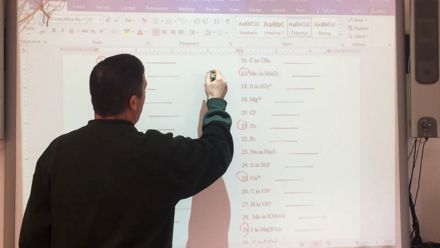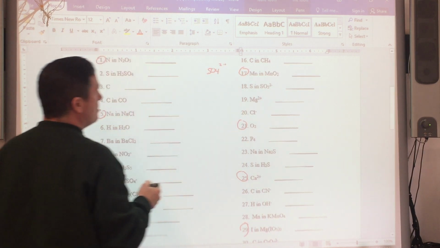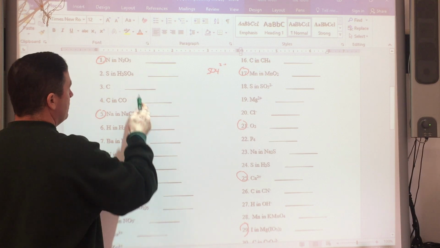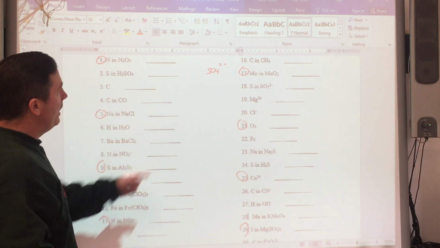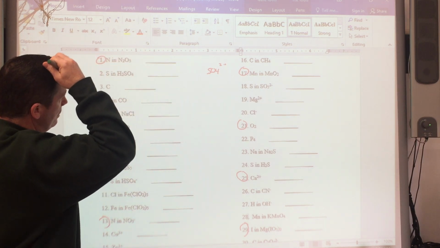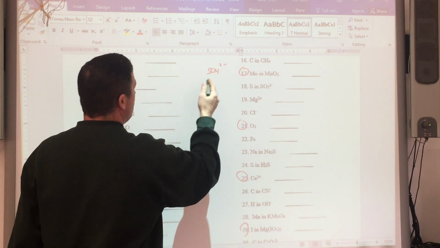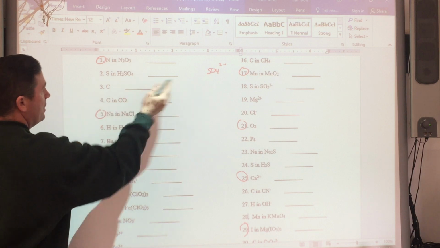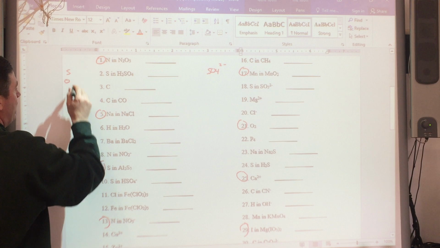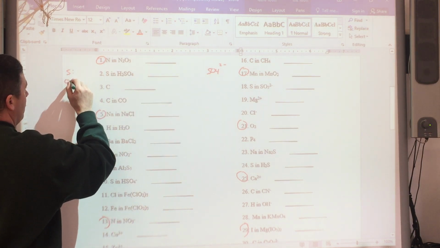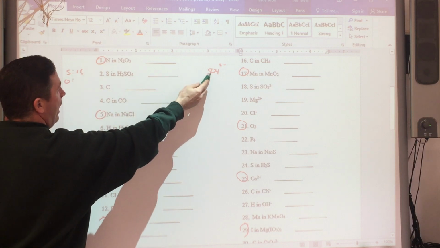I'm going to take SO4, and I know that's 2-. I just looked it up. I could figure it out doing the neutral thing, but I don't need to. So, I'm taking SO4, 2-. Now, you're going to run into some room problems here, but that's okay. So I'm going to put it over here. So SO4 is 2-. So sulfur and oxygen. Sulfur, I don't know, but I do know that there's 1 atom of sulfur.